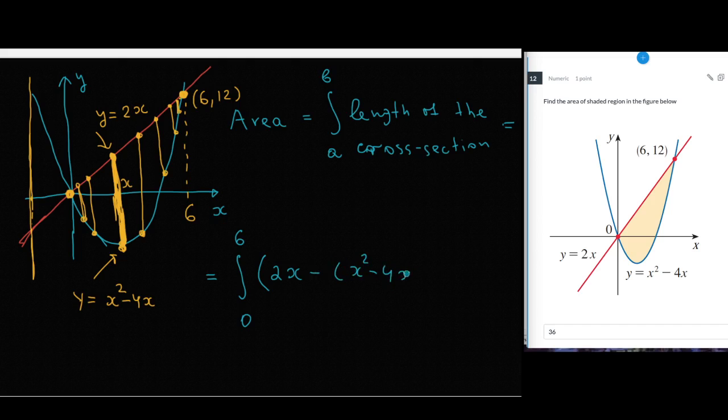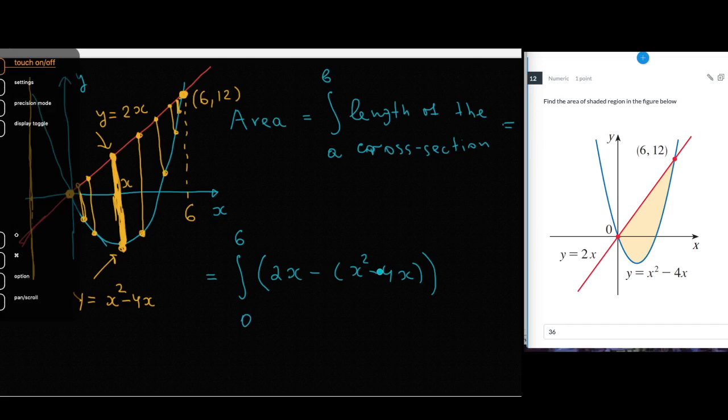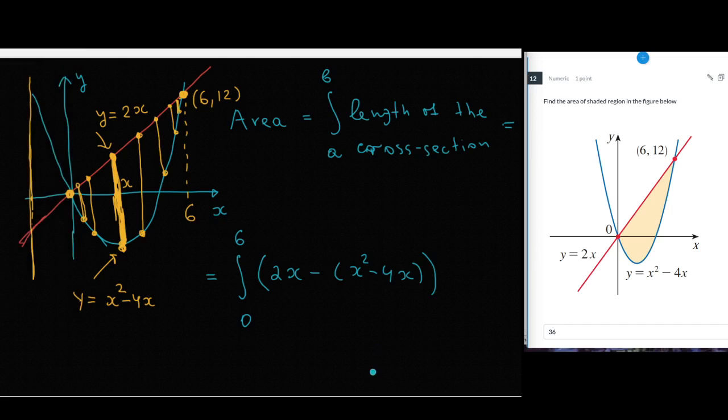When you do this subtraction, it's important to put x squared minus 4x in parentheses, because we'll be subtracting that entire value, x squared minus 4x, and not just x squared. And then we integrate all of this with respect to x from 0 to 6.